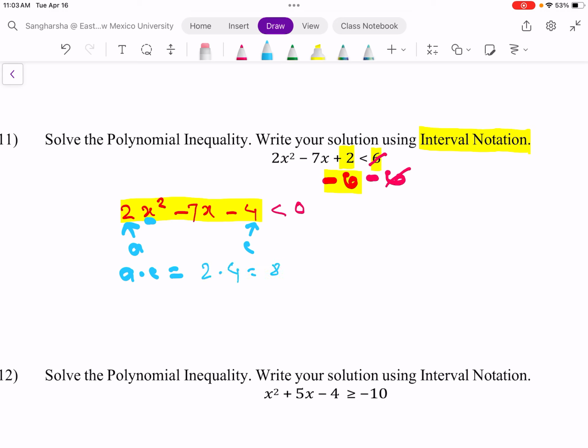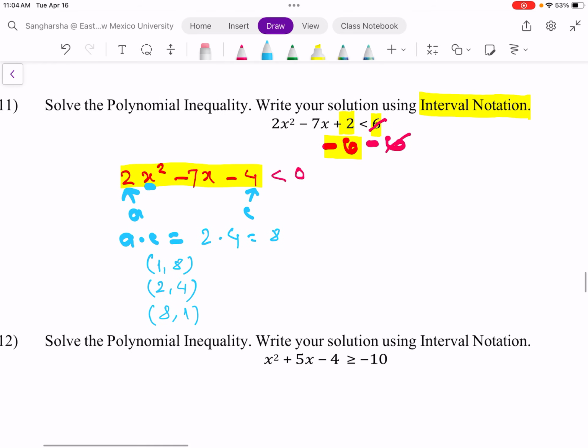Now we write down every pair of factors of 8. 1, 8, right? 2, 4, 8, 1. So these are the pairs of factors of 8. Now out of these 3 pairs of factors, we choose one pair of factors to rewrite our middle term, negative 7x.